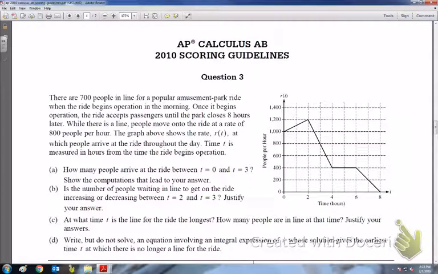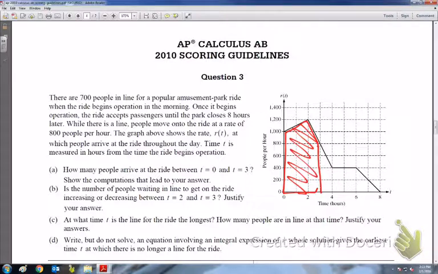So essentially I'm trying to find the area under the curve between 0 and 3, which would be this area right here. If I can find that area, that gives me the number of people that have arrived to the ride between when it opened at 0 hours and 3 hours.